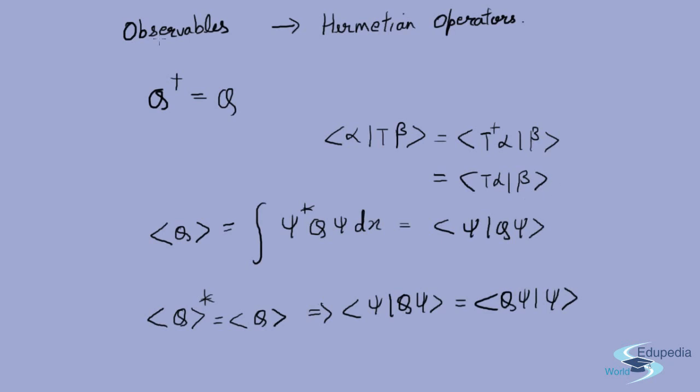So we see that in quantum mechanics, everything that is an observable is represented not just by operators, but by operators which have this special property that they're Hermitian. And you can check for yourself, position, momentum, kinetic energy, all of those operators will have this property and they will be Hermitian.